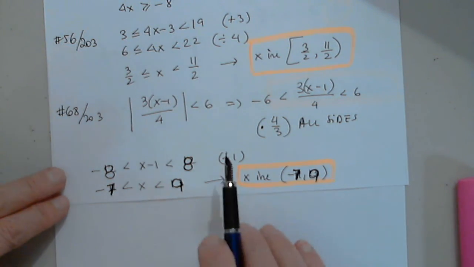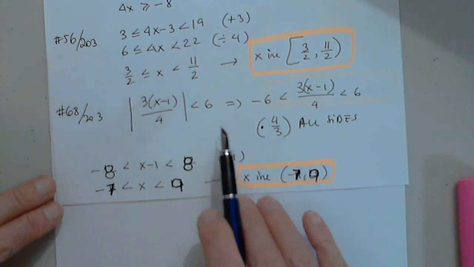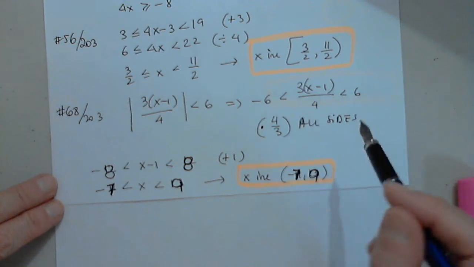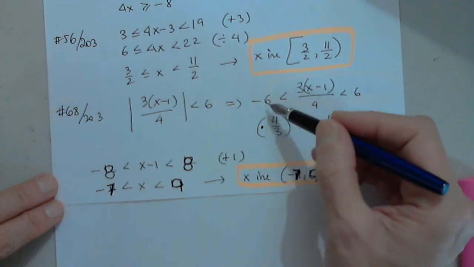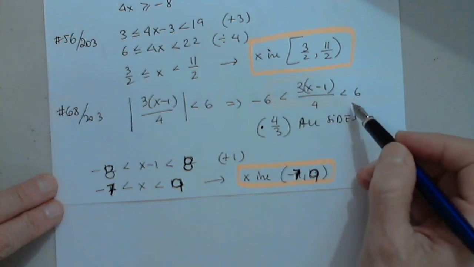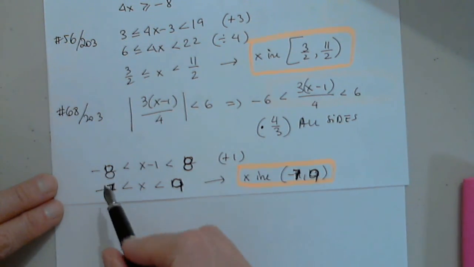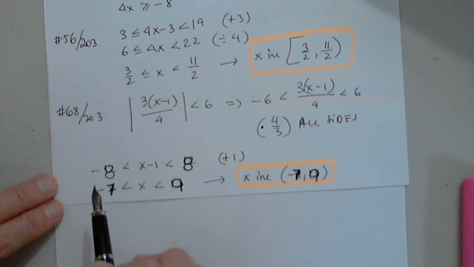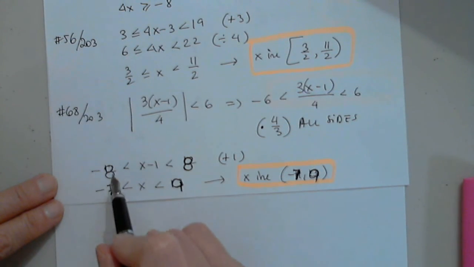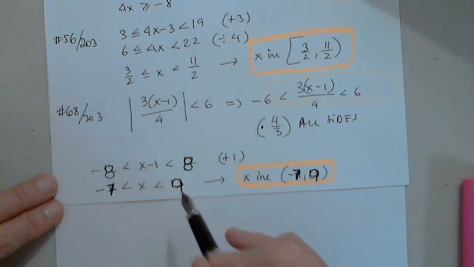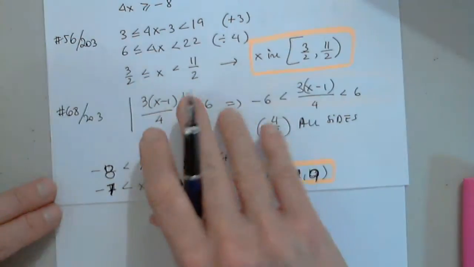Let me double check one more time, just to make sure. -6, that's correct. Less than 6, that's correct. 4/3, so 24/3, that's -8. Again, 24/3, that's +8. I'm adding 1. So when I add 1, -8 plus 1 is -7, and this is correct. Yes, perfect. Sorry about that.